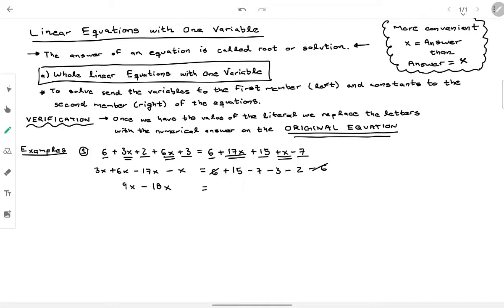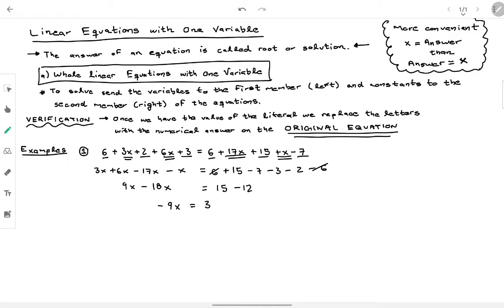Then it's going to be 15 minus 7 minus 3 minus 2. It's minus 12. Of course, you can do this part by mind, but I'm doing it with steps for explanation purposes. 9x minus 18x is going to be minus 9x equals 3.